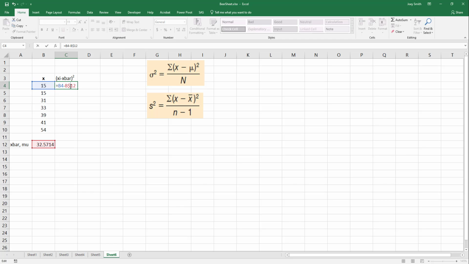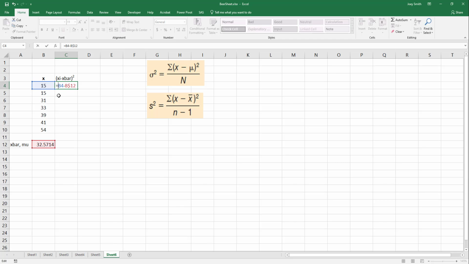We can do that by putting a $ sign in front of the 12. We're going to eventually copy down this formula, and as long as we keep everything going down this column, then B4 is going to change to B5 and then to B6 and then to B7, but B12 is going to stay B12 for the entire column of functions that we copy down. Okay, so we've got B4 minus B12 here, and this is X minus mu.